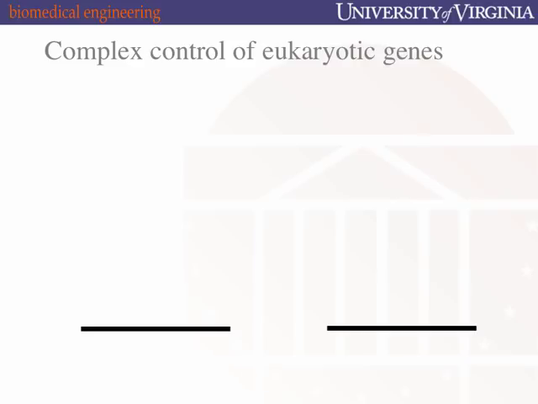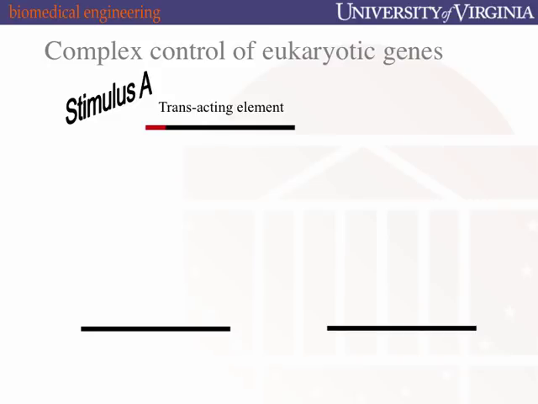I'll walk you through an animation of this. Let's say we have a stimulus A, and we have two genes here. We're not in operons anymore. These are just single genes in a eukaryotic genome. But we have a stimulus A that causes the expression of one of these trans elements, giving rise to a trans-acting factor, a transcription factor, that we'll just call transcription factor A for the purposes of this cartoon.